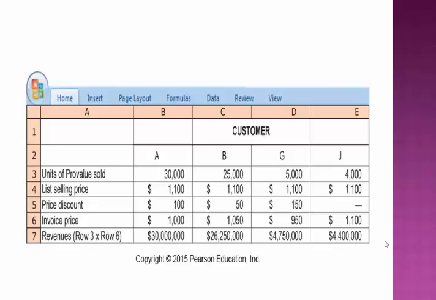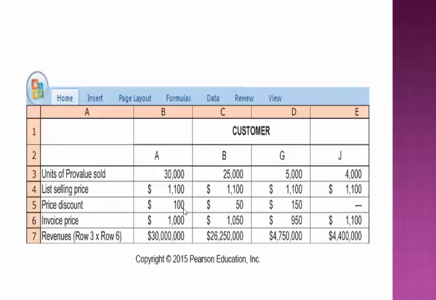Alright, now each unit that we sell, you can see we have a list price of $1,100, but based on underlying information, we will have granted these specific customers, A, B, G, and J, different discounts. Alright, so customer A is getting $100 off, where customer B is getting $50 off, G is getting $150 off, and J isn't getting any discount whatsoever.